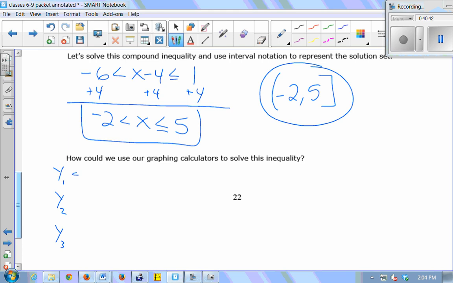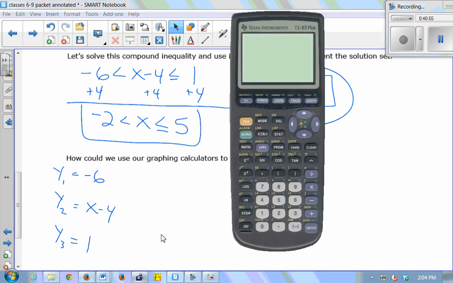So the left was negative 6, the middle was x minus 4, and the right was 1. And then let's see what kind of a picture we get when we do that. Okay, negative 6, x minus 4, and 1.